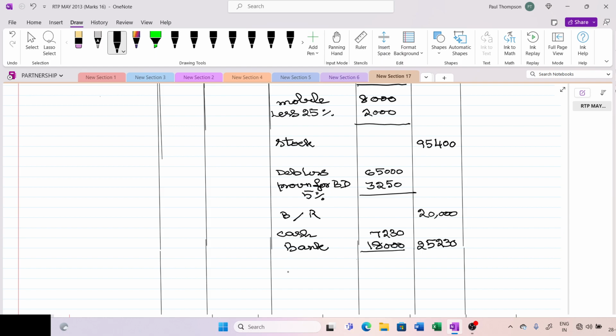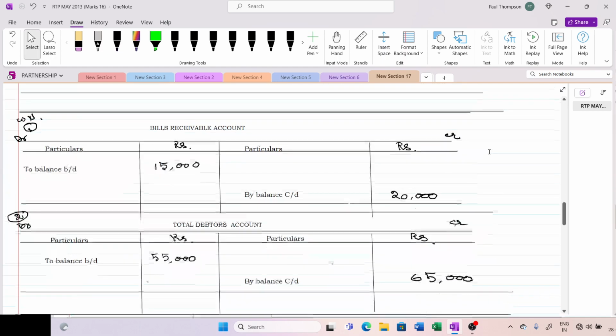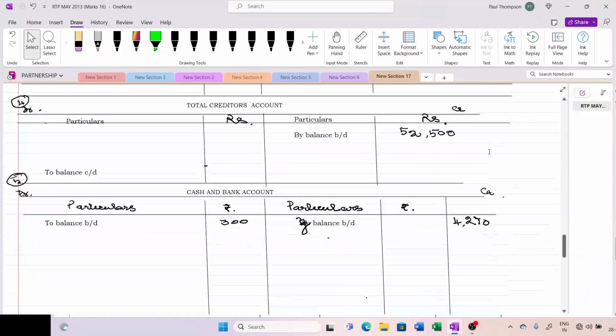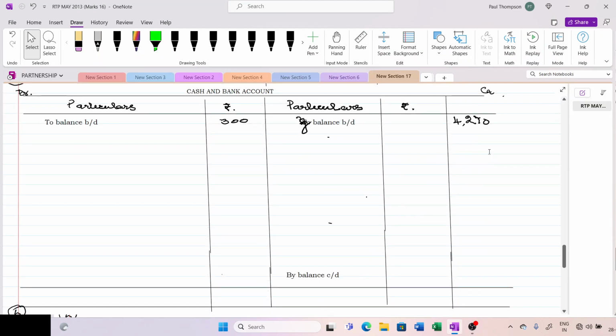Then insurance. So let us do it first in the cash and bank, otherwise we will forget it. Let us go to the cash and bank account. The closing balance is, in the inner column, 7,230 plus 18,000. This will appear as 25,230. Already we have written the closing balance of debtors and bills receivable.